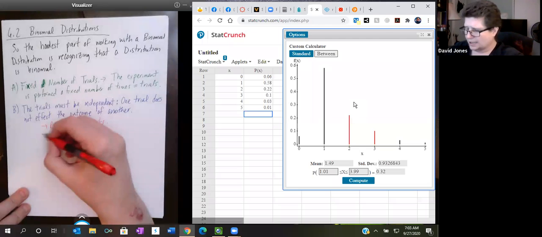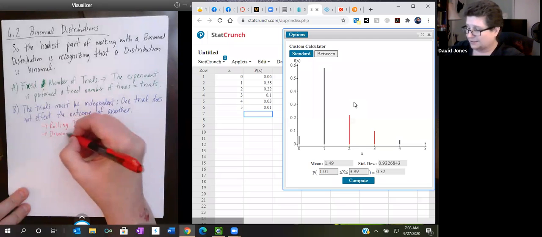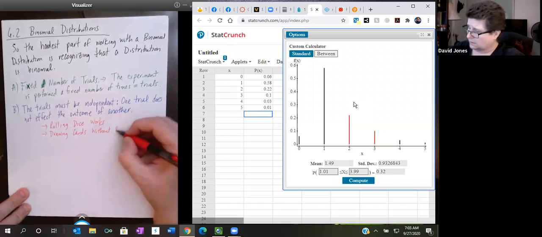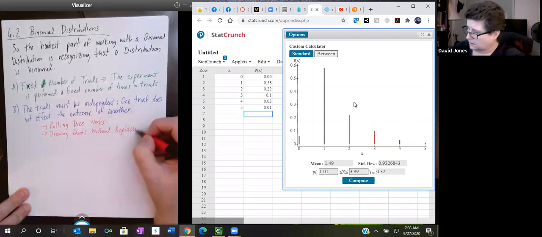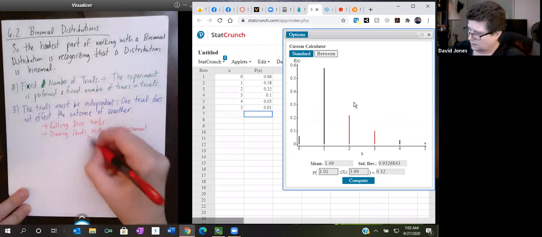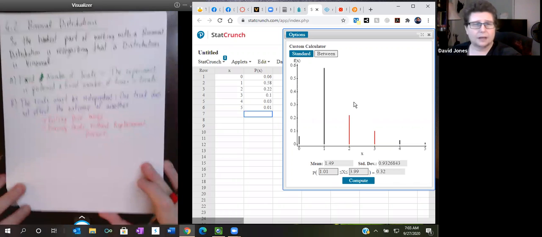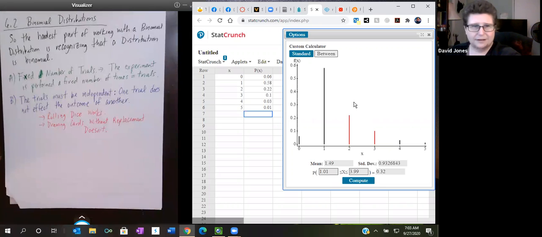Drawing cards without replacement doesn't, because it's not independent. If I draw the ace of spades, that affects the outcome on the next one because there's only 51 cards left.